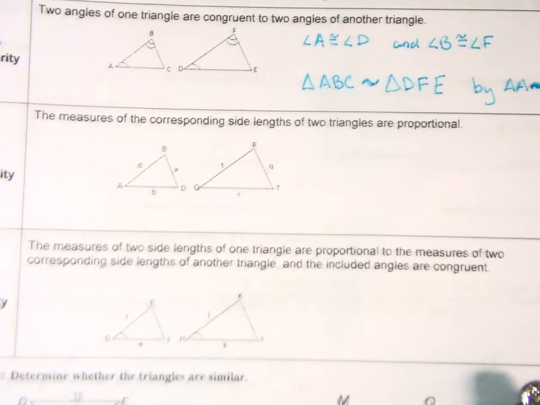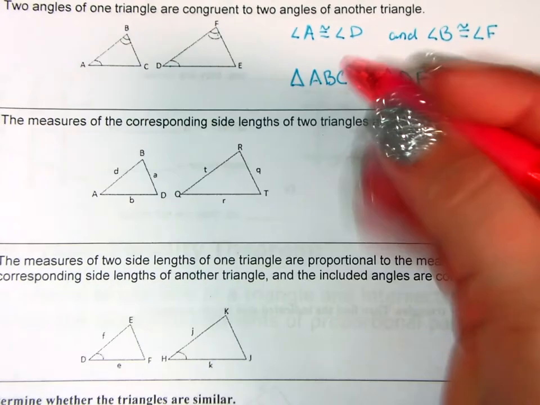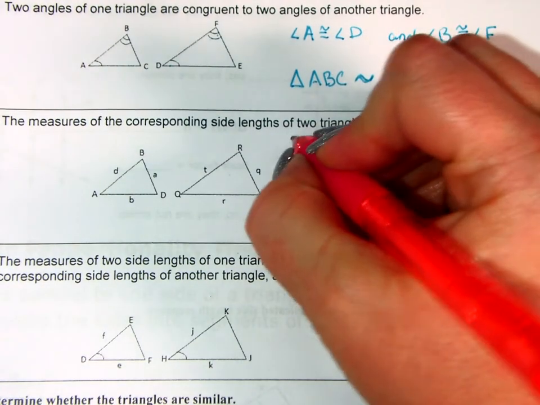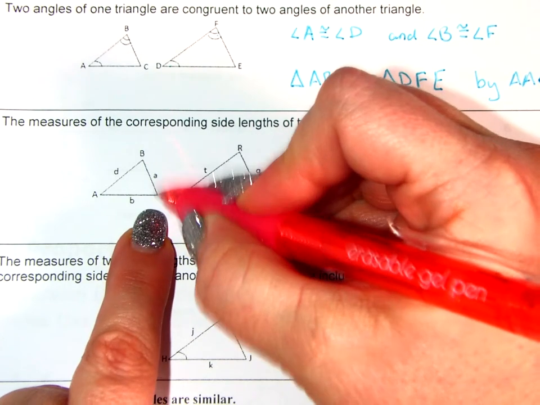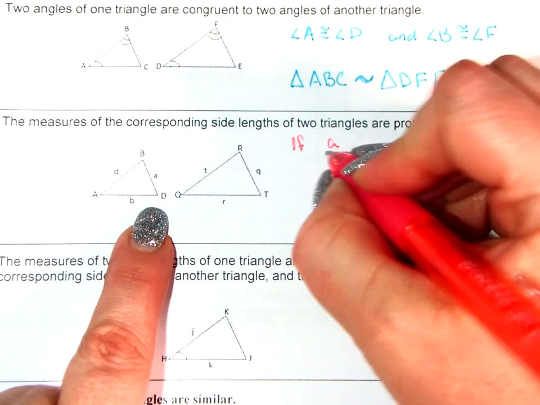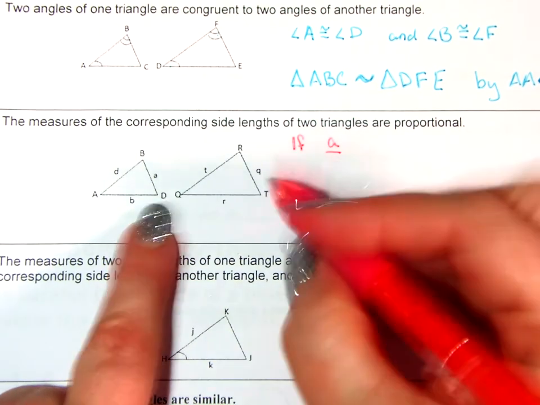So if this one doesn't have actual markings, this one I could for sure say it. But here we're going to say if I'm going to go with A. I'm going to say that they're sitting in the same orientation.